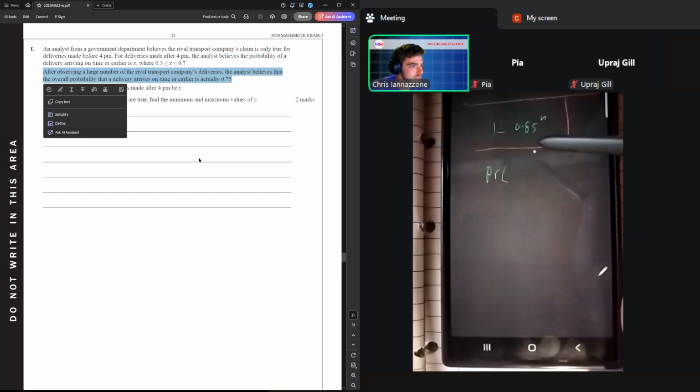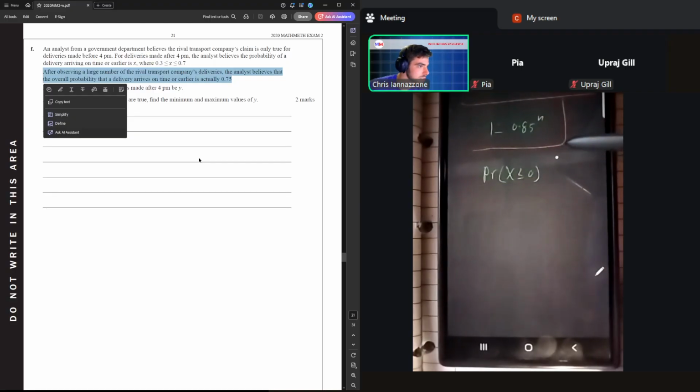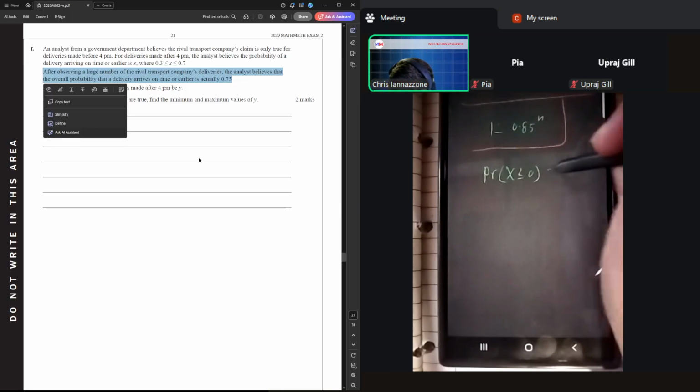How am I actually going to define this? On time or earlier, so I guess I've got to be careful with using x's because there's already x's in the thing. I guess we say P of capital X less than or equal to 0, because remember that negative means it's earlier. That's 0.75.